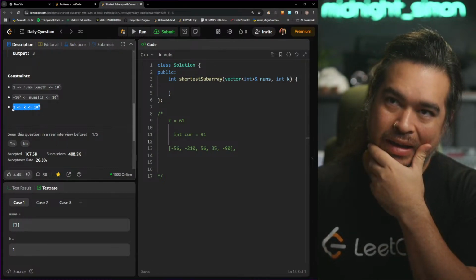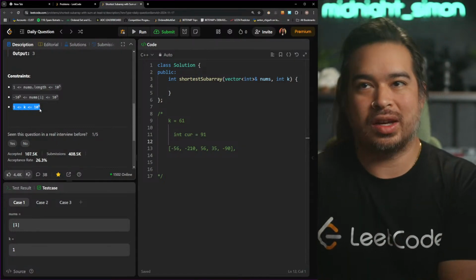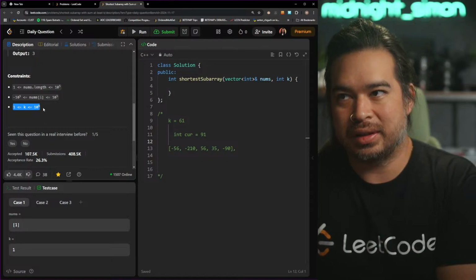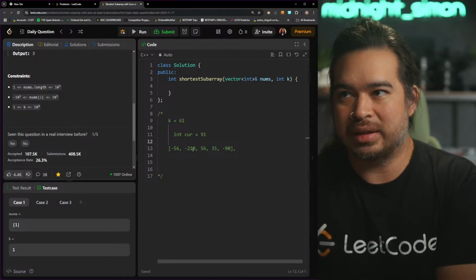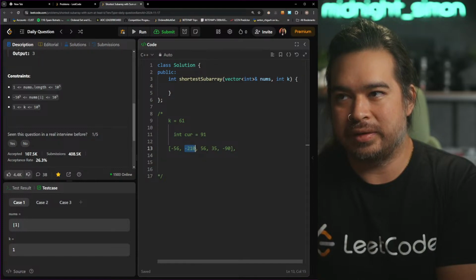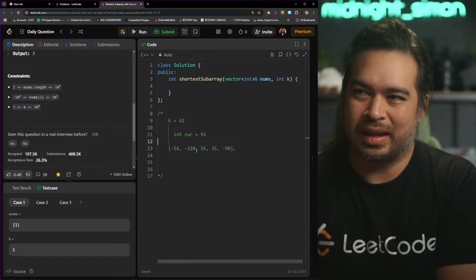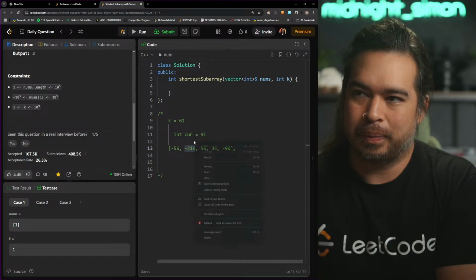And since k is only positive, maybe that is like a little clue in itself. Like it never makes sense to include negative numbers at the ends, at least. Right?